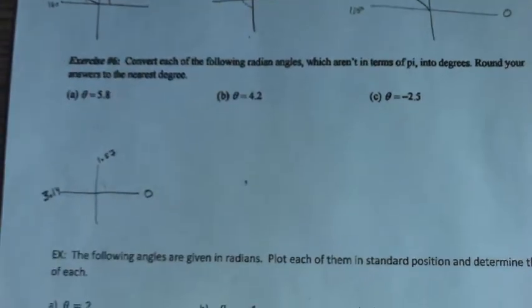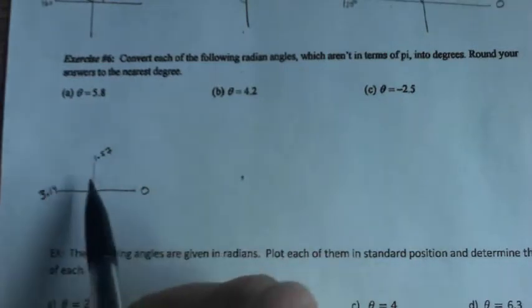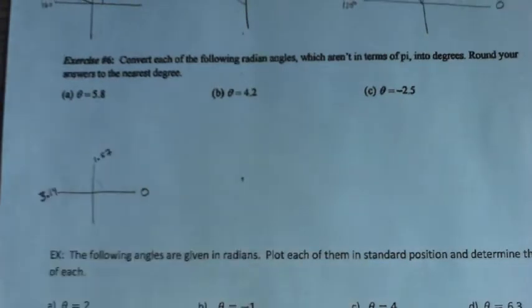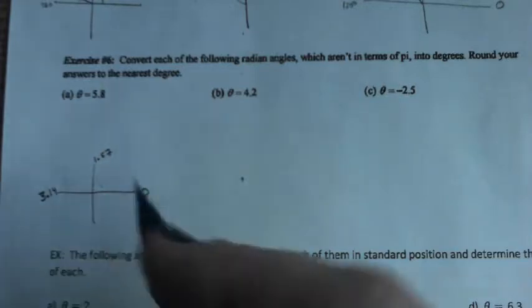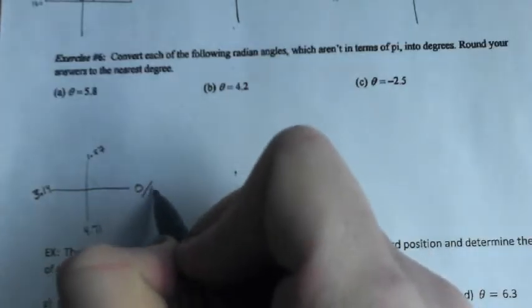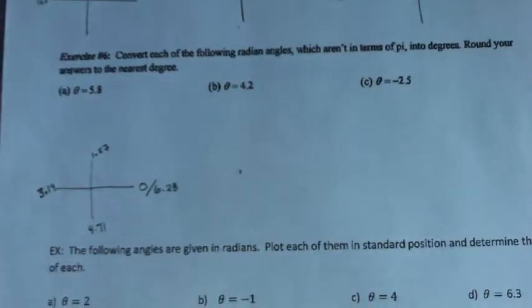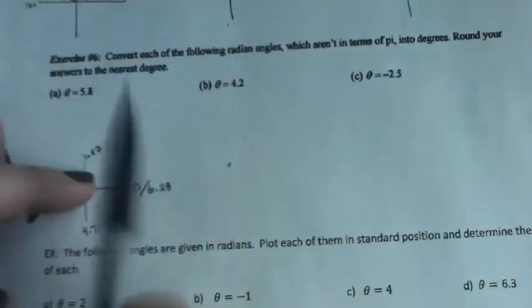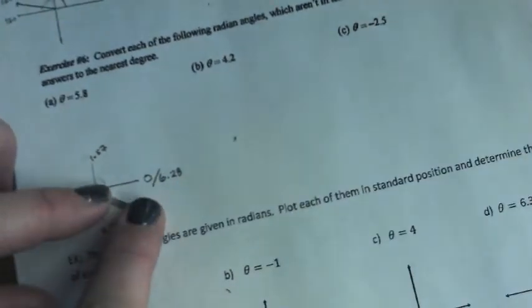That would be 1.57. So add on another 1.57 to 3.14, and that would put this at 4.71 before we get back to 6.28. So where would 5.8 be? Fourth quadrant, right? Somewhere down in here. You'd open up from 0 past the 4.71 to 5.8-ish.